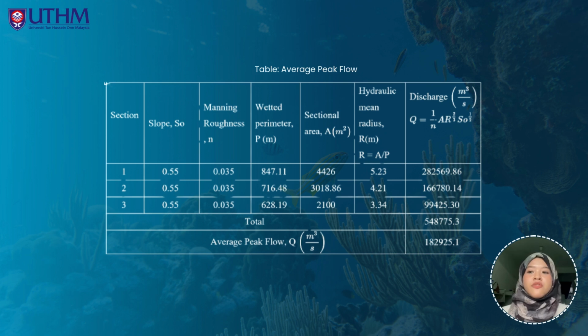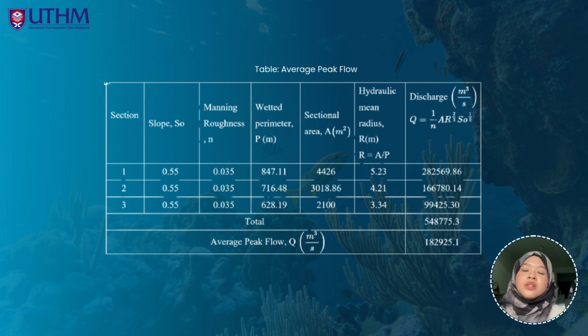So this table is to find the average peak flow for upstream, midstream, and downstream sections. For slope, we use 0.55 for all sections. For Manning roughness, we use 0.035 for all sections. The weighted perimeter is from the previous calculation, and the sectional area is also from the previous trapezium calculation. The hydraulic mean radius is R equals A over P, so sectional area divided by weighted perimeter.